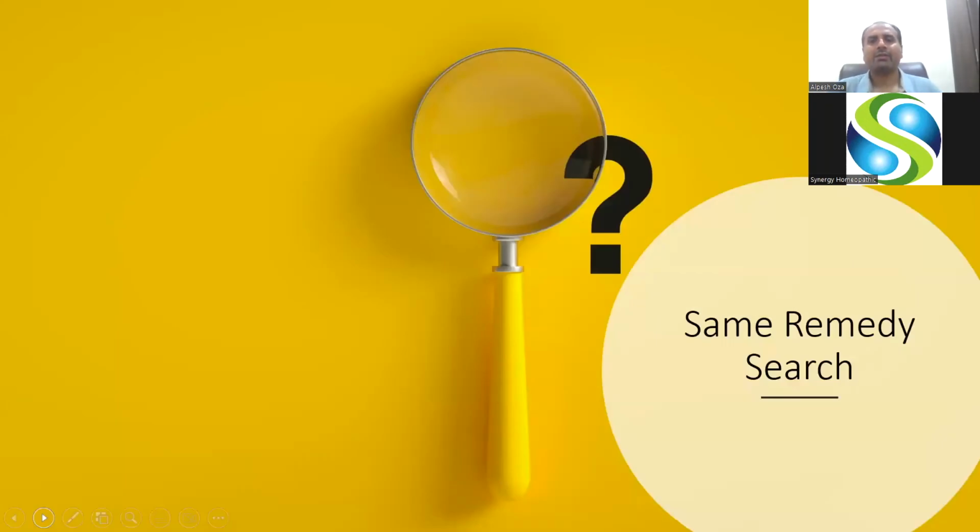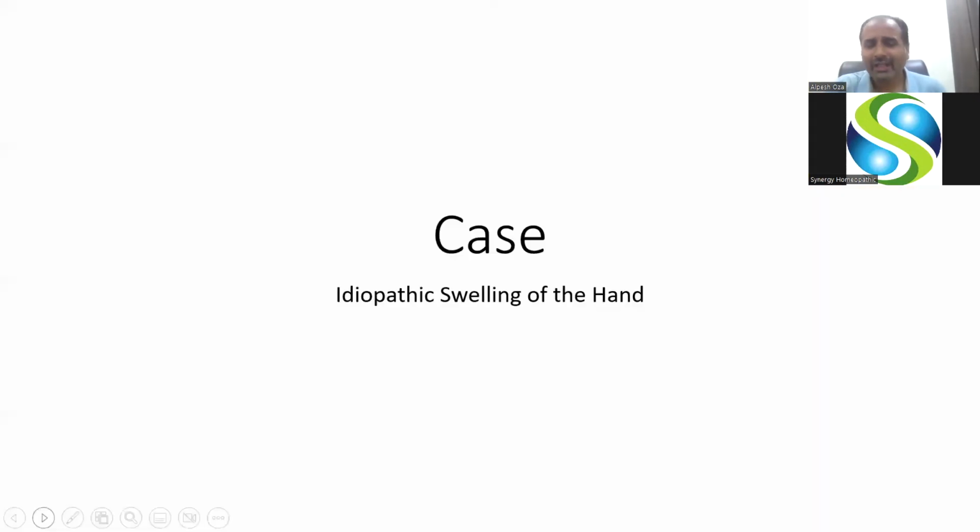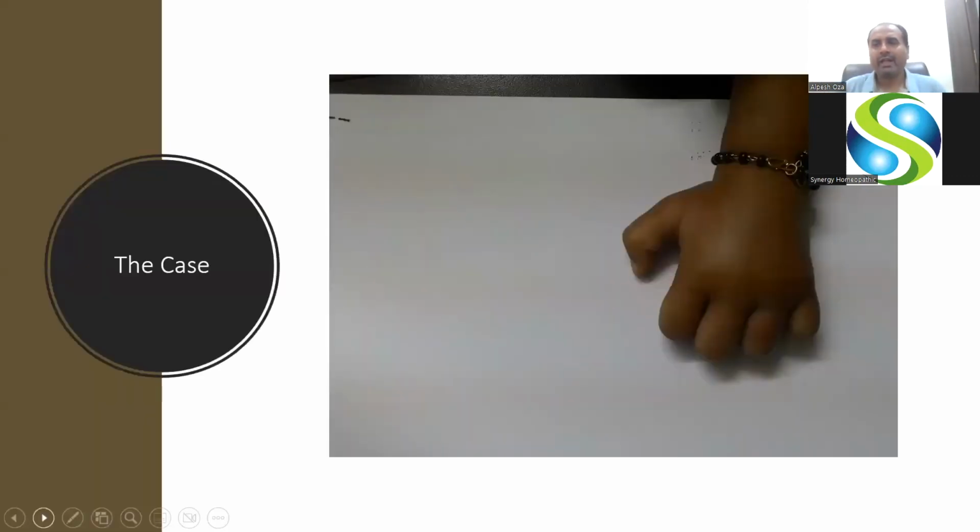Same remedy search. Now this is one of the very commonly used, and you can use this as a repertorization. So when will you use this? There was an interesting case I had where there was swelling of the hand.